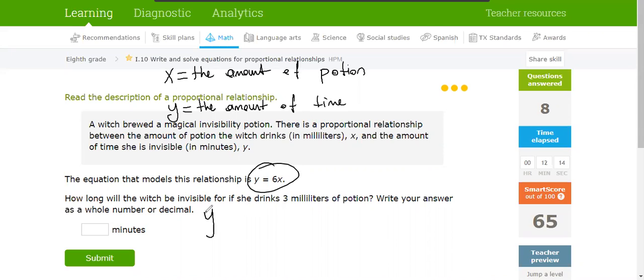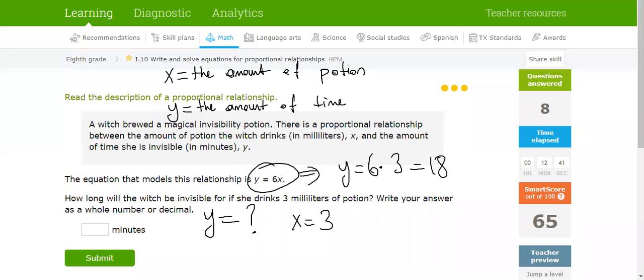So y is the question mark because y is the amount of time. If she drinks 3 milliliters, so that's the amount of potion, x is going to be 3. So y equals 6x, and x is equal to 3. y is equal to 6 times 3, 18. So 18 minutes will be the answer.